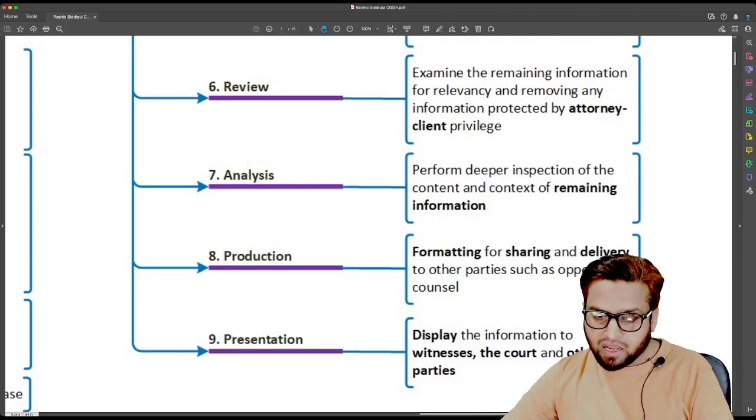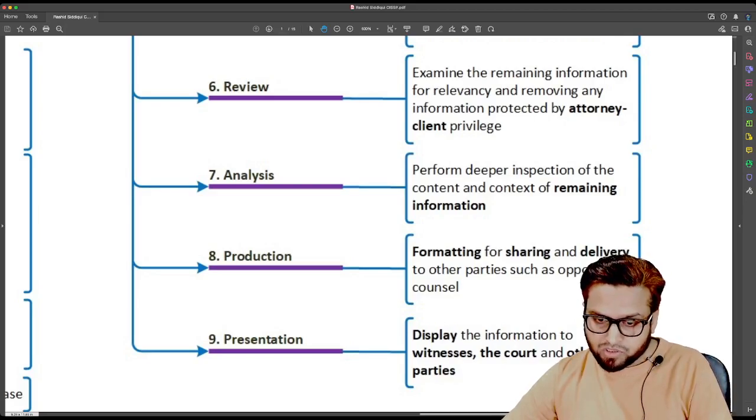Now whatever dry data we have in hand also has to be inspected and reviewed again in the context of the case we are fighting, or the investigation we are doing, right?